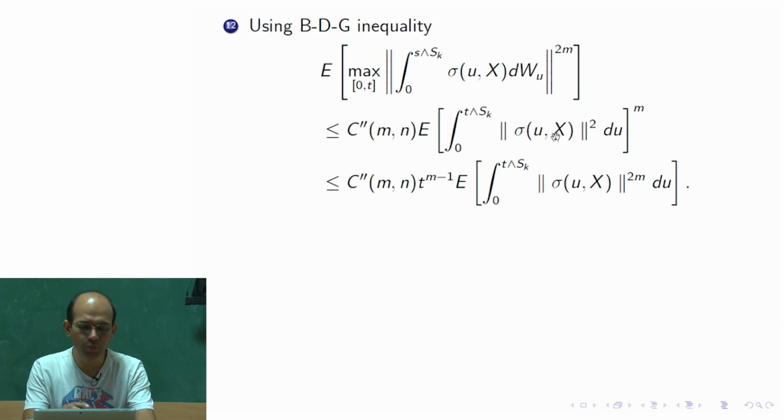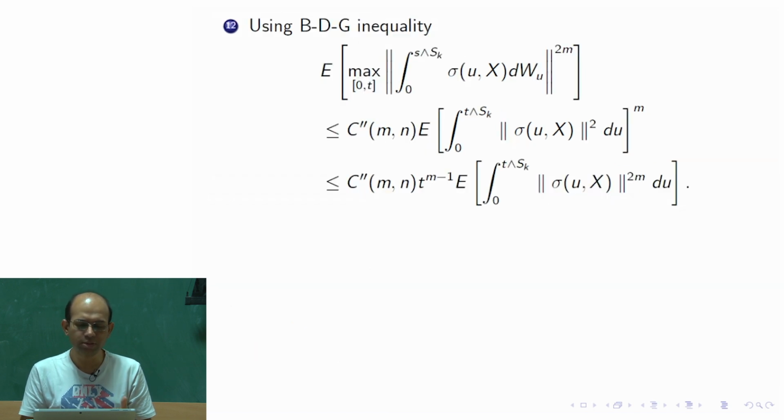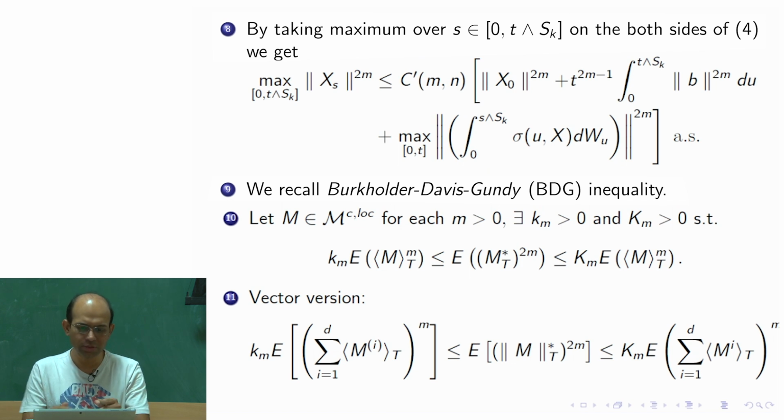So what we do is take the expectation of the 2mth power of this quantity, which, using BDG inequality, is less than or equal to some constant. This K_m I am writing down here as C double prime, because C prime I have used somewhere, yes, I have used here. So do not bother much about m and n here, because in most cases this n is d.